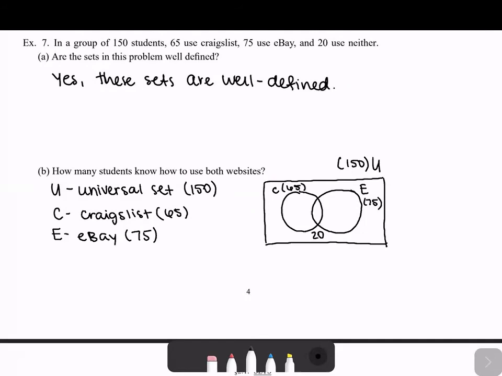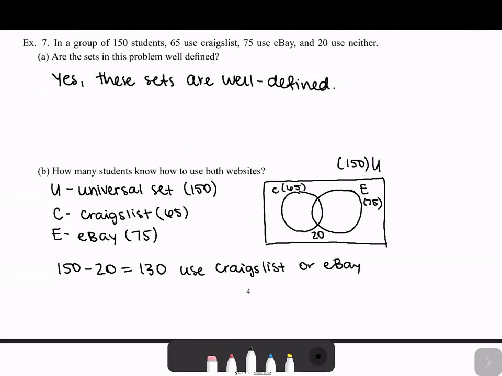So we can use this information to see how many people are in the union of Craigslist and eBay, right? So we can find that 150 students from our total group of students minus 20 equals 130 students use Craigslist or eBay, right?